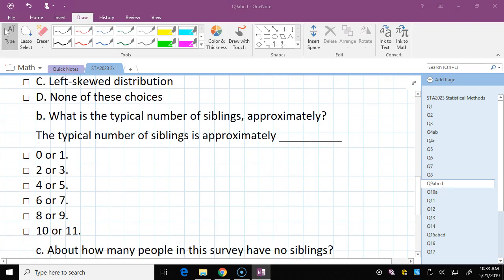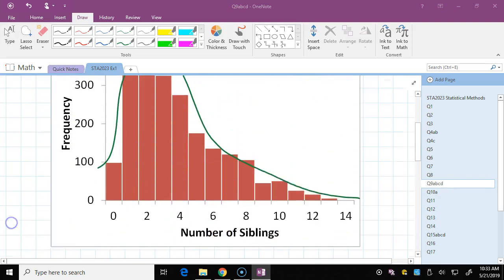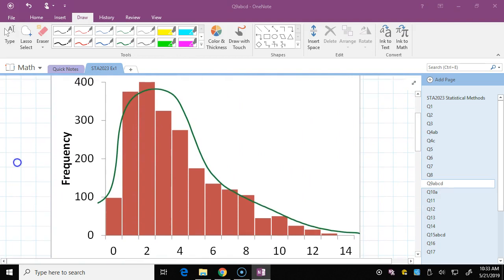So question B says, what is the typical number of siblings approximately? So if you look at this, what do you think? Say it again. 2 to 3. I don't like that they say 3. I would have actually said 1 to 2 because those are my 2 highest bars, but that's not one of the choices in the drop down. So that's why it's important to make sure that you read all those choices.